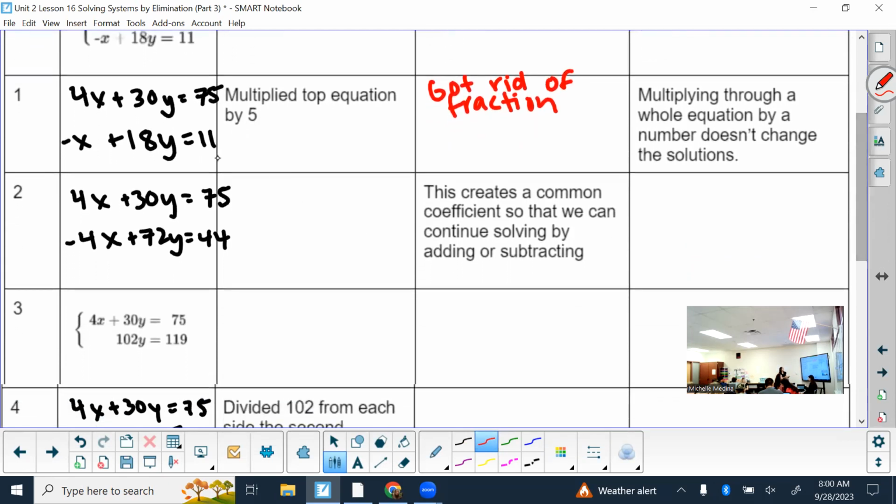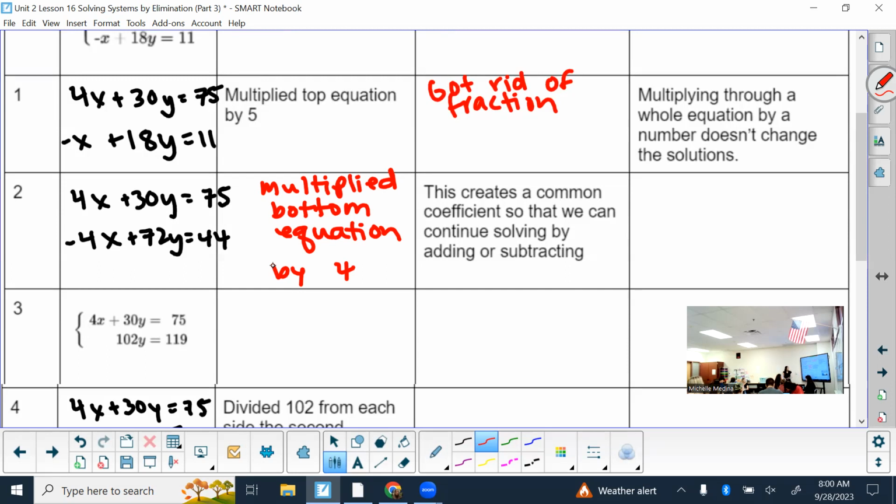Now, what did they do going from this step to this step? What's different? They multiplied the bottom equation by 4. All right, that helps us solve because it creates a common coefficient, right? Now I can continue solving by elimination.